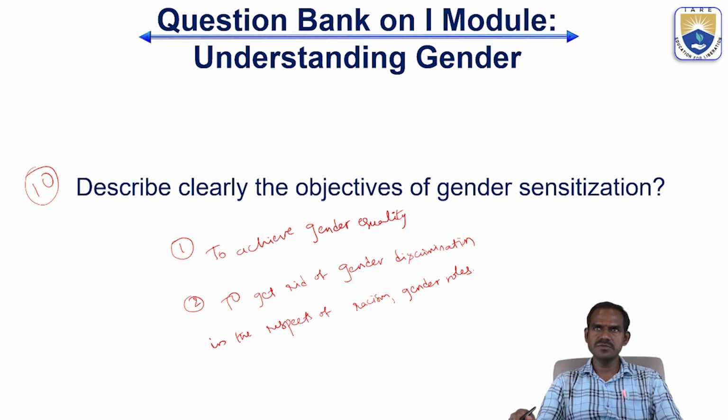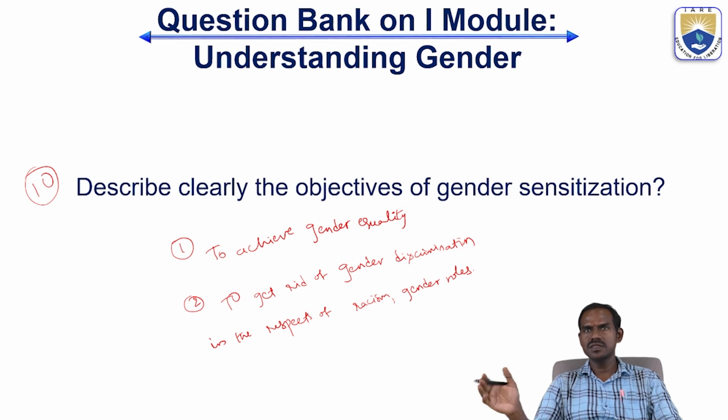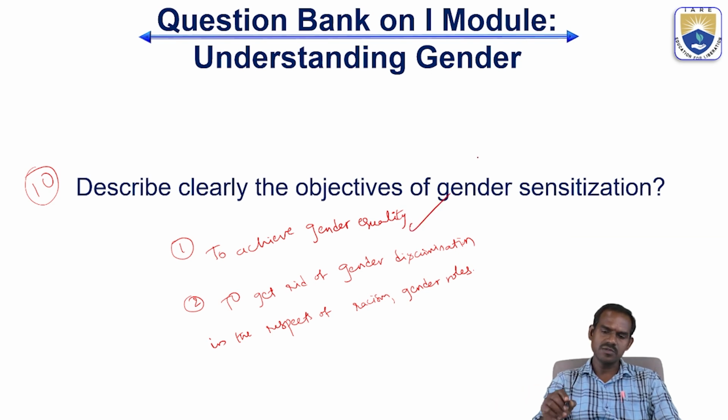So that is why gender discrimination should be avoided, and gender roles, that this should be done by this gender and that should be done by that gender, should not be attributed to the gender, to avoid gender discrimination and to achieve gender equality. These are the main objectives of gender sensitization, and for more you can go through the module.